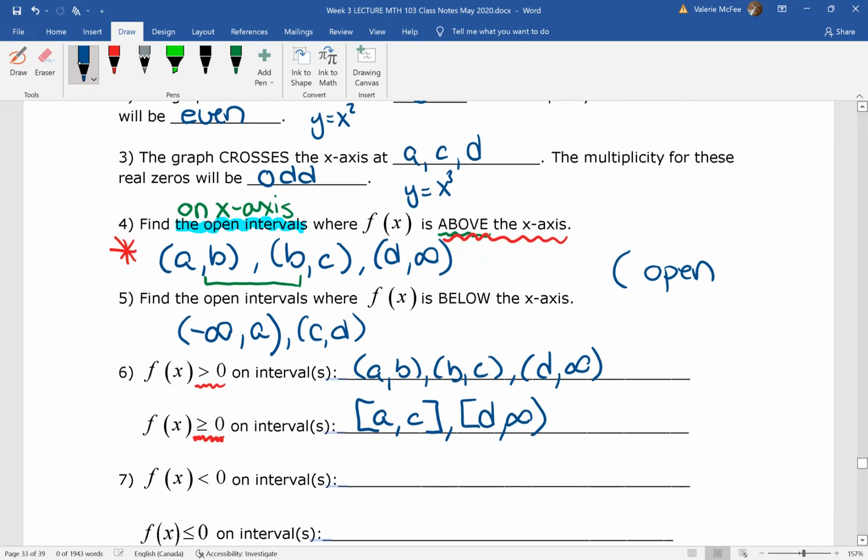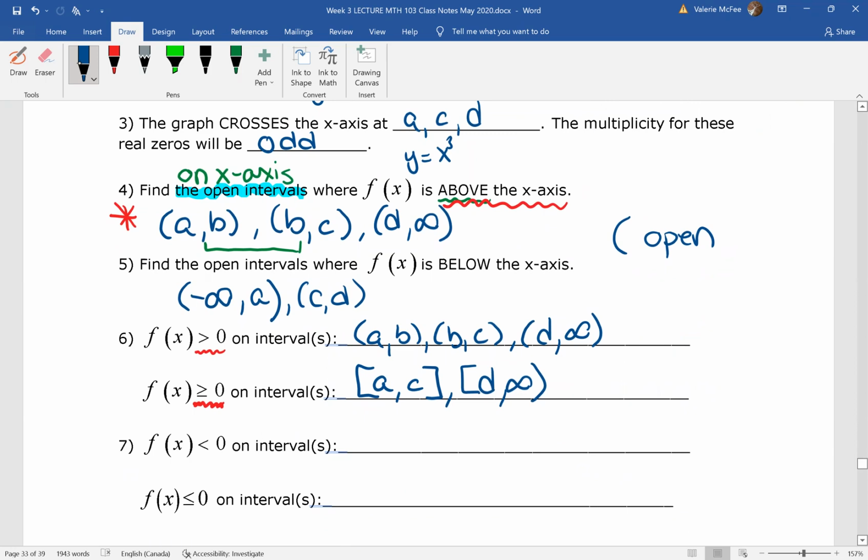Try answering question 7. Where is the graph less than 0? Where is the graph less than or equal to 0?